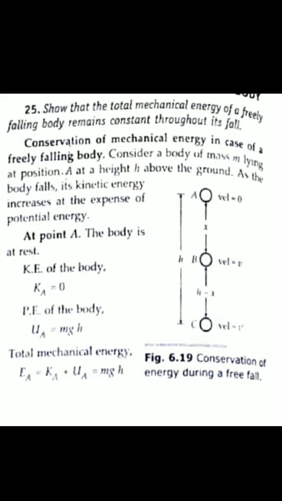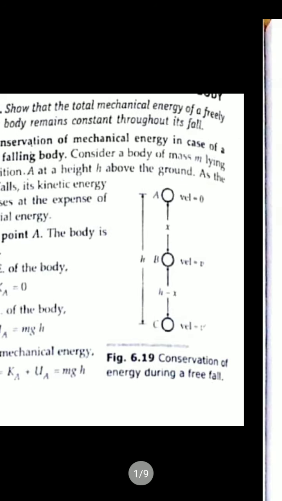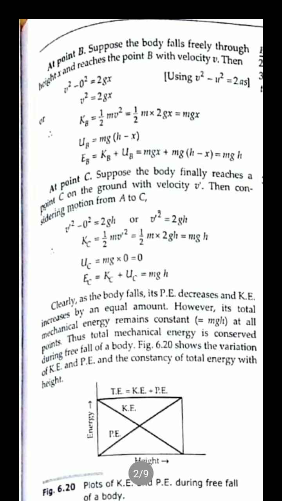Now we calculate the total mechanical energy at point B, at a distance x from A and h minus x from C. The body falls freely under gravity through the height x, and suppose at point B its velocity is v.